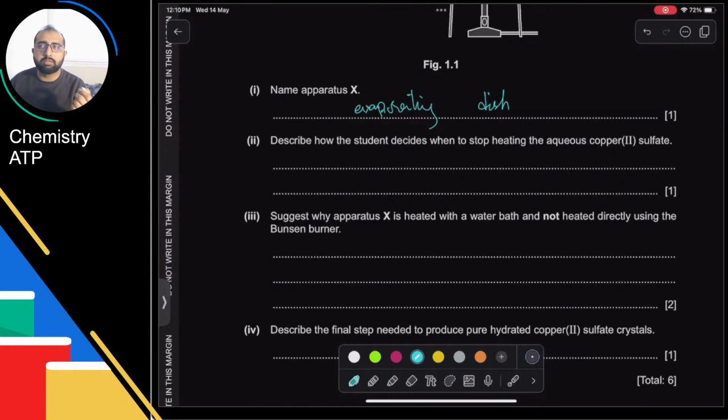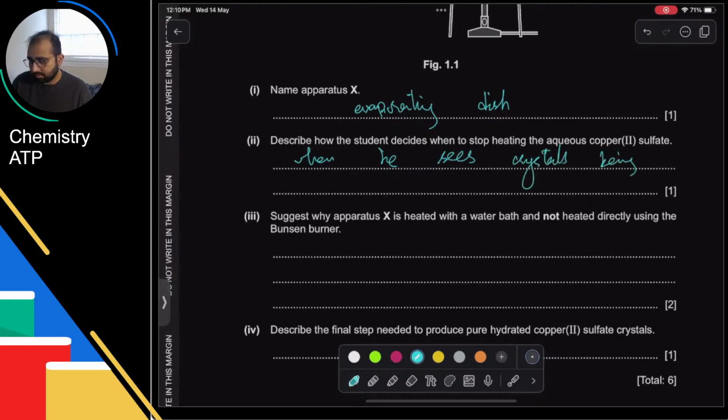The water basically heats up, okay, and you see these crystals that are left over. So water is gone, not completely, but you have these crystals that keep coming up, and so you write that he knows when to stop when he sees crystals being made or crystals being visible.